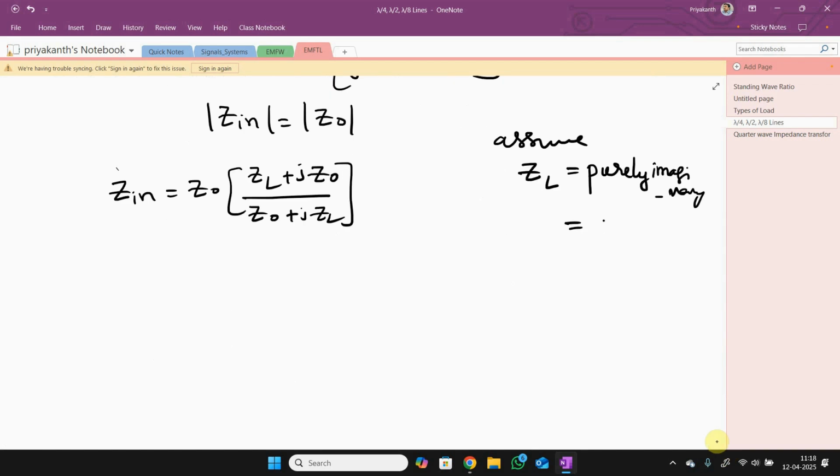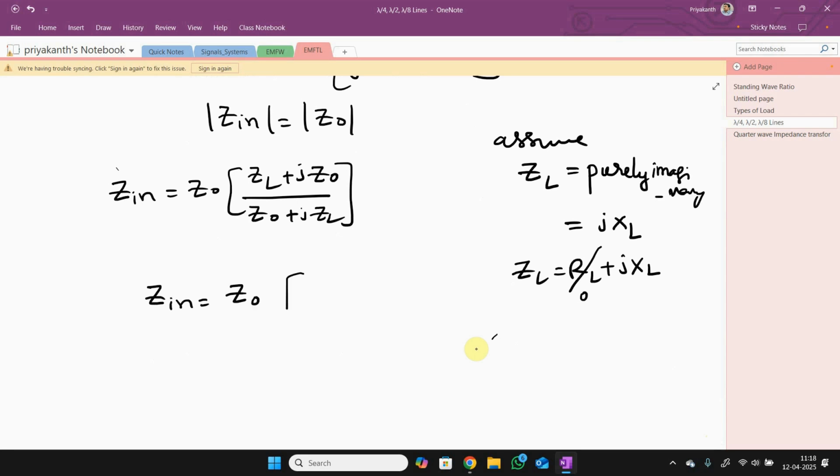Can I write it like this as JXL, purely imaginary? Yes. Since we know that ZL is equal to RL plus JXL, I am saying that it is purely imaginary. So R is 0. So please substitute that.